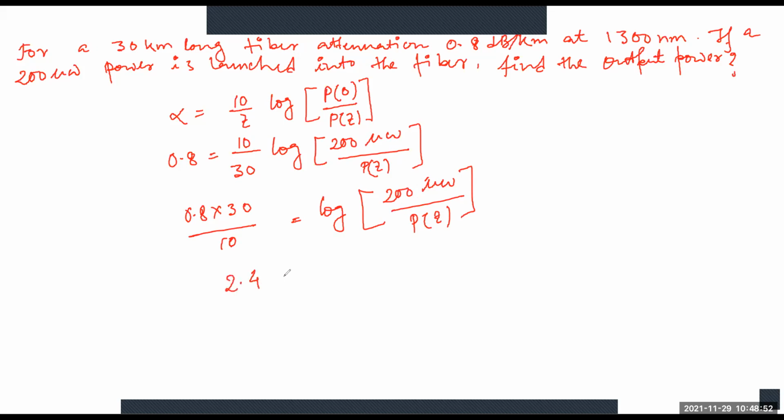So from this it is 2.4 equals log 200 mu watt by Pz.